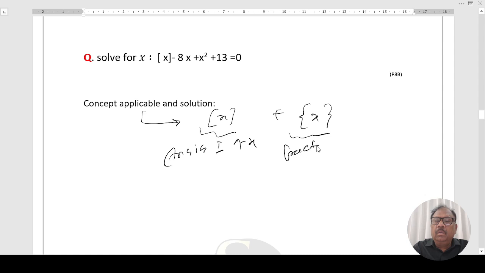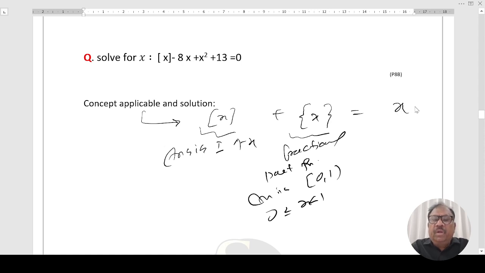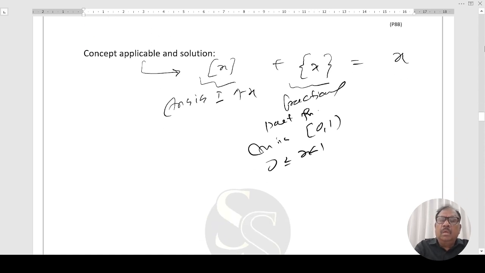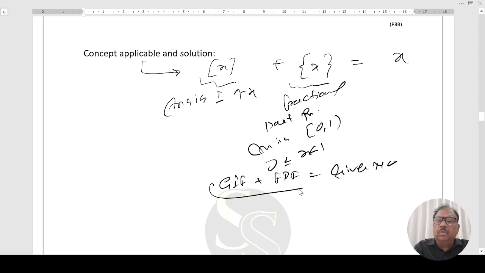The sum of the greatest integer function plus the fractional part function equals the given number x. Using this concept, the answer for the fractional part is the closed interval 0 with open interval 1.